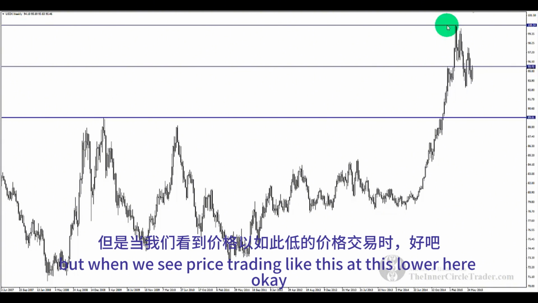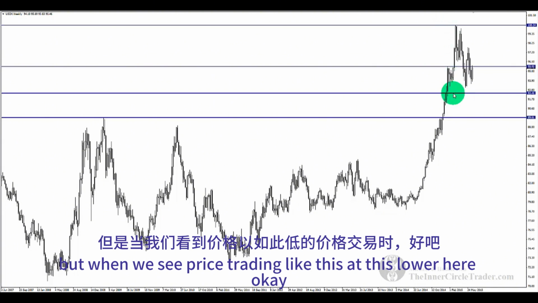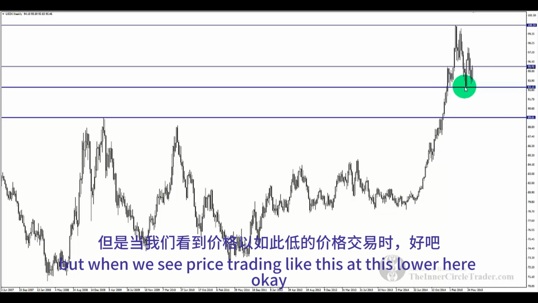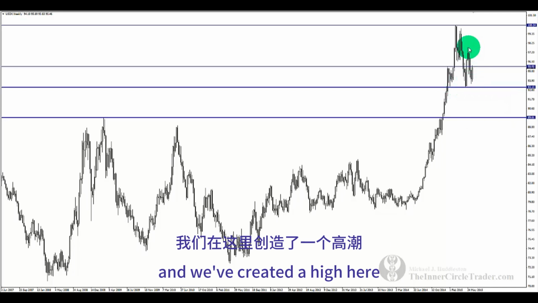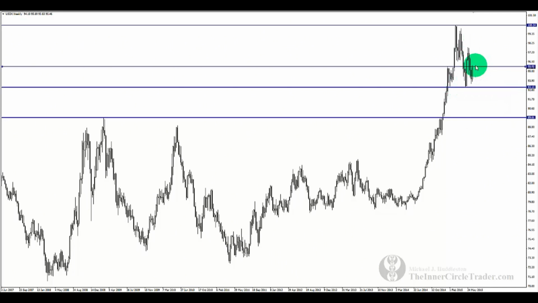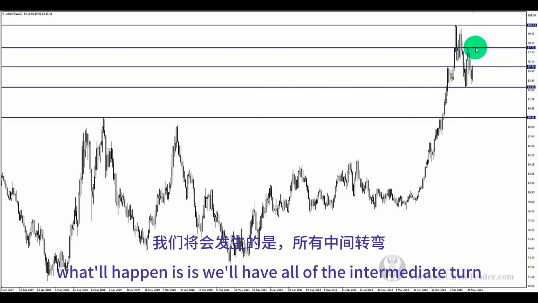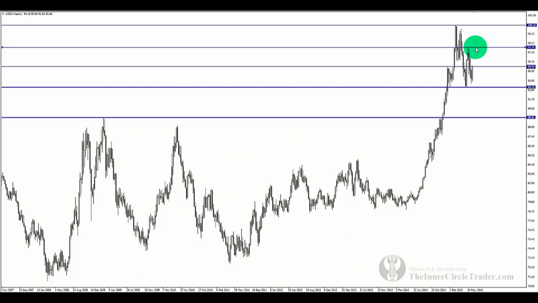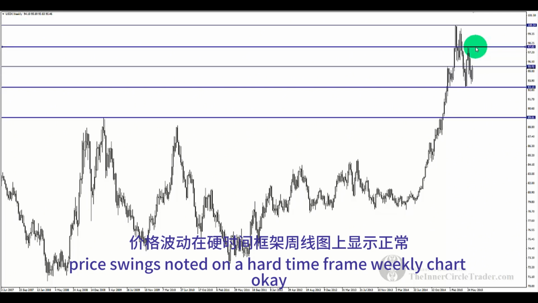But when we see price trading like this at this low right here, and we've created a high here, what will happen is we'll have all of the intermediate term price swings noted on a higher time frame weekly chart.